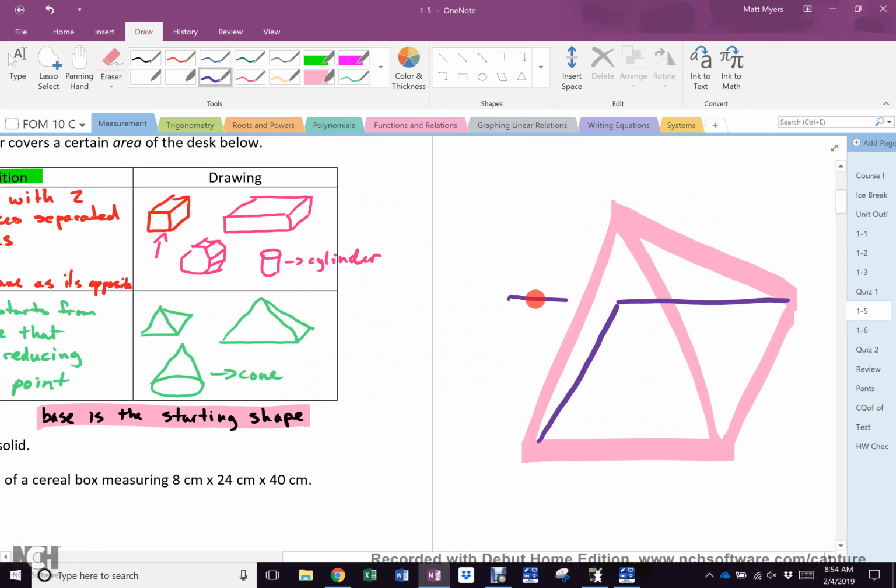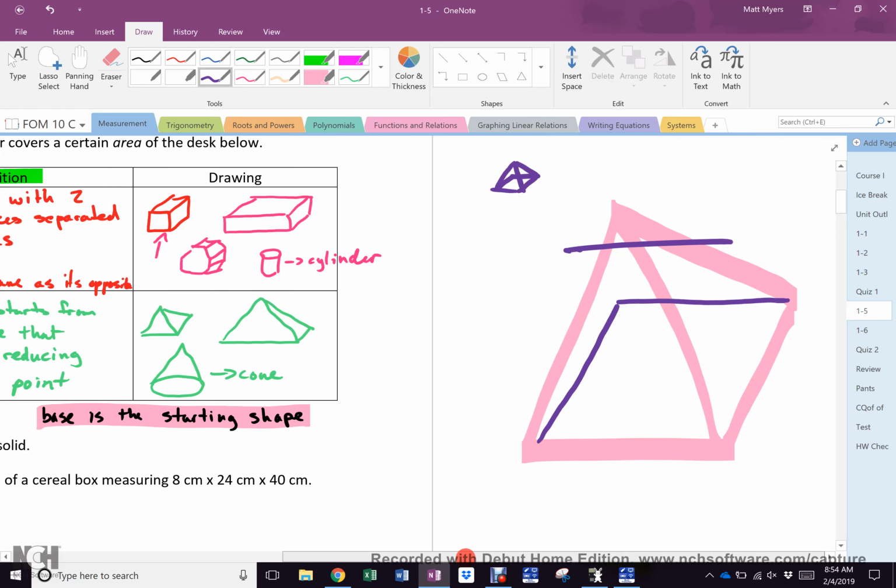If I cut it in half, right there, I'm going to get just the top of the pyramid. It's still in the shape. That is still a square. It's just smaller. Oh, it's like the layers are the same. Yes. The base is the starting layer, if that helps you.